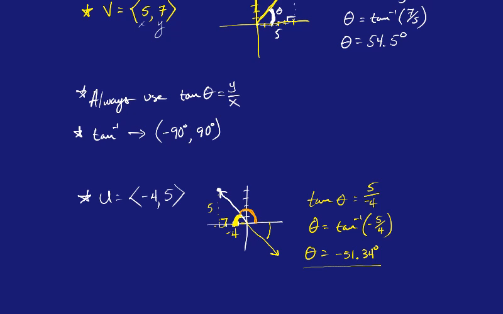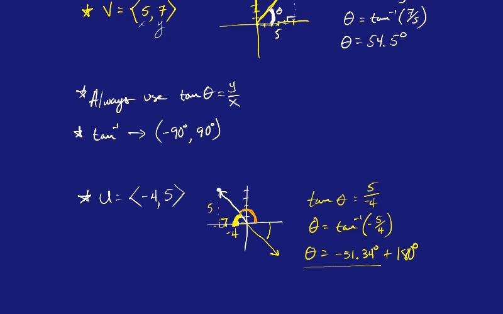If halfway around is 180, we can just add 180 to -51.34, and you will have your angle. Plus 180, just use a calculator, makes life easier.